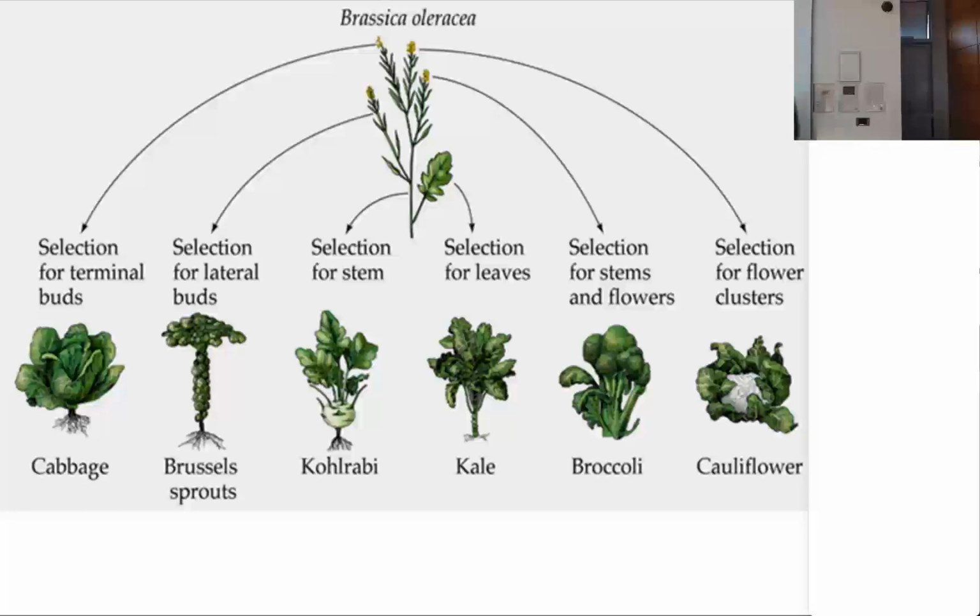It's all the same plant. The difference between this one and this one is 2,000 years of selective breeding. Now this is an annual, so we're talking about 2,000 generations of evolution. This is the potential for bioenergy.